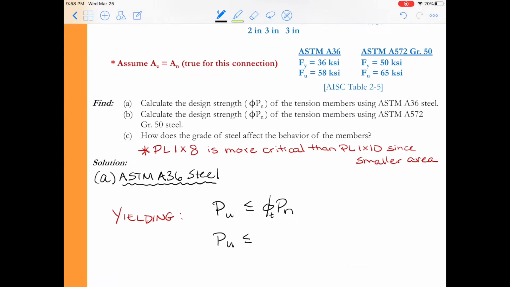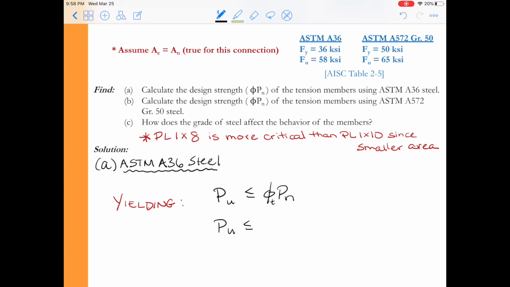So let's put that all together into our equation. So P sub u is going to be less than or equal to phi, which is 0.90, times Fy times Ag. We were given that this was A36 steel that we were dealing with, so that means that Fy is 36 ksi.